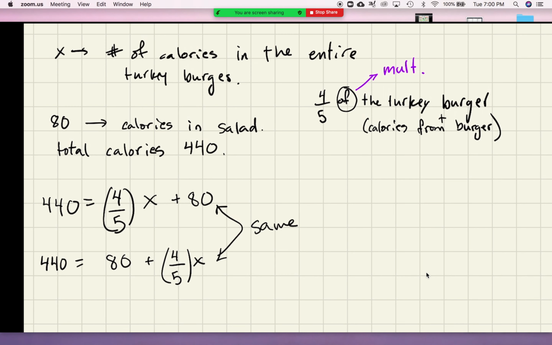Does it ask you to figure out X? Which equation can be used to determine X, the number of calories in the entire turkey burger? Okay, so there's only one option that has this. Is that right, the way you wrote it down? Yeah. Okay. The first one.